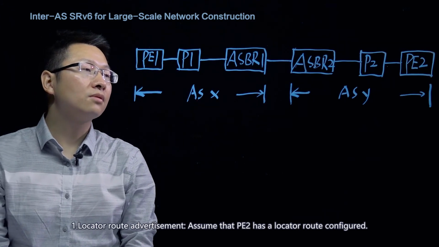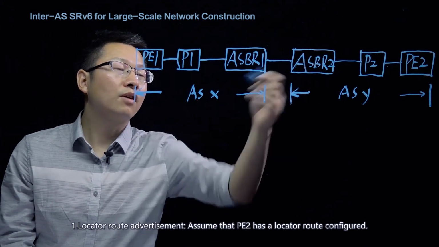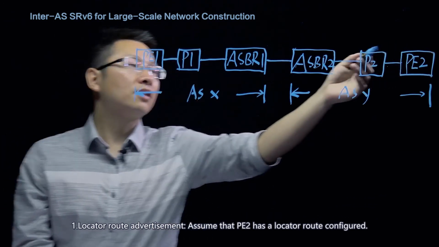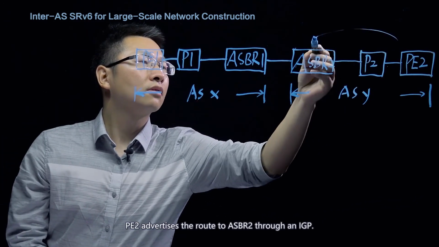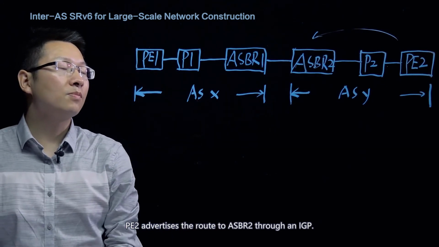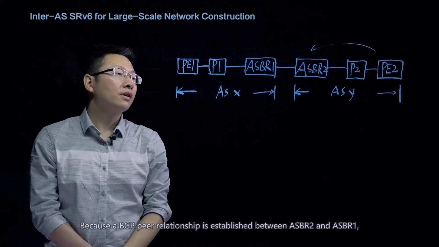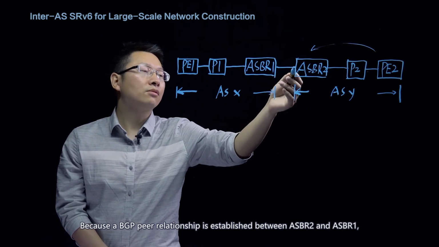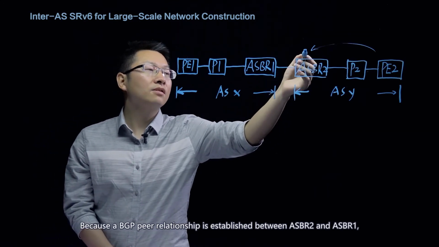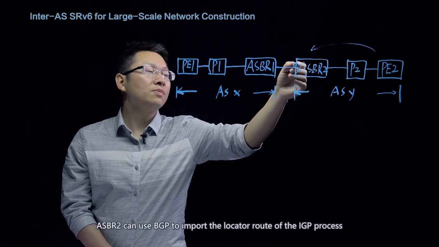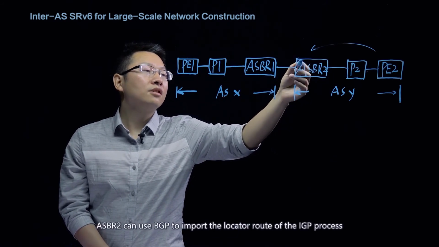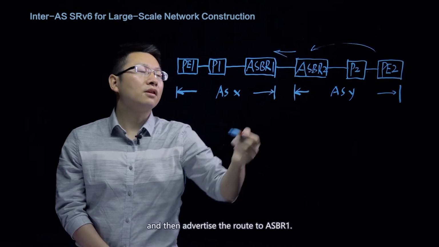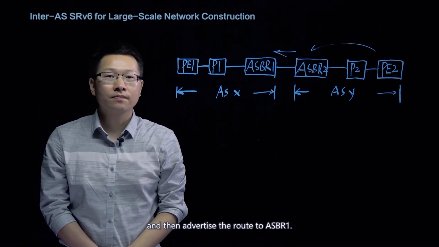1. Locator route advertisement. Assume that PE2 has a locator route configured. PE2 advertises the route to ASBR2 through an IGP. Because a BGP peer relationship is established between ASBR2 and ASBR1, ASBR2 can use BGP to import the locator route of the IGP process and then advertise the route to ASBR1.